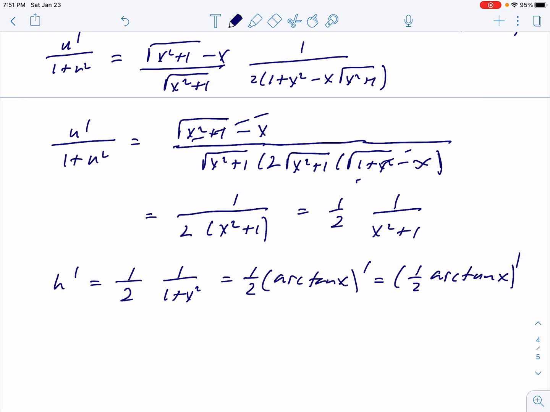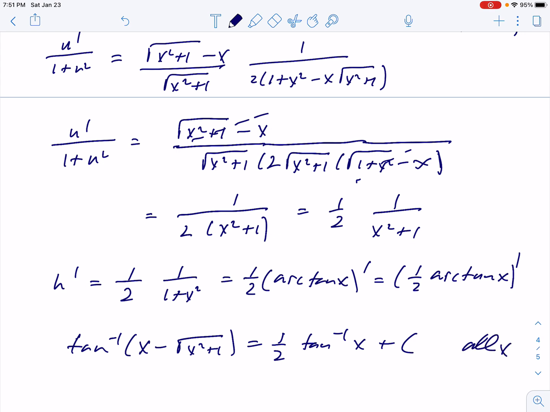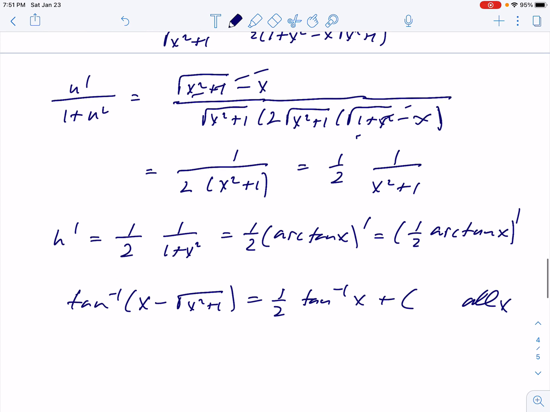Let's write this here. Inverse tangent x minus square root x squared plus 1 equals 1/2, let's use this notation again, plus c. This is true for all x. Both functions are defined for every x.